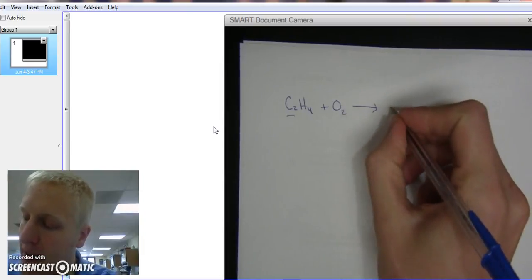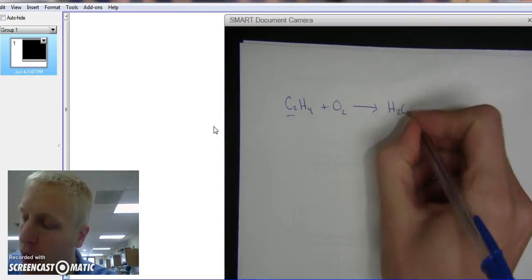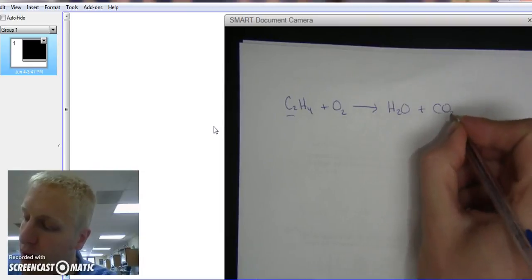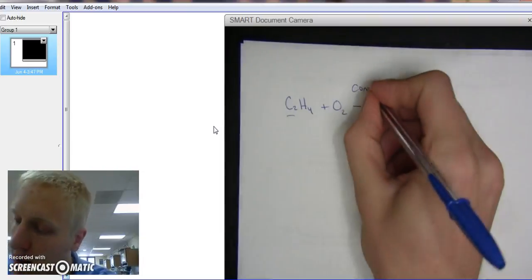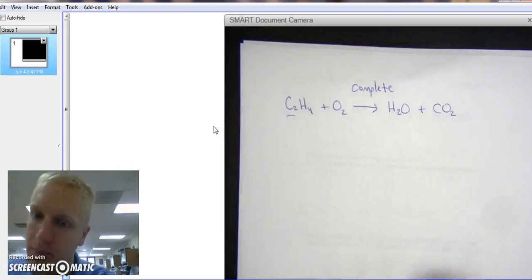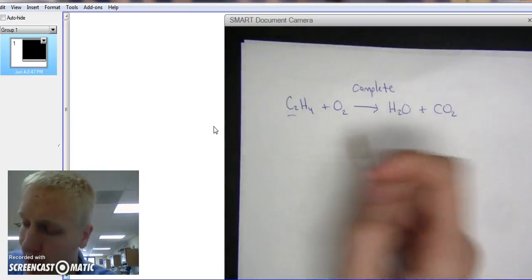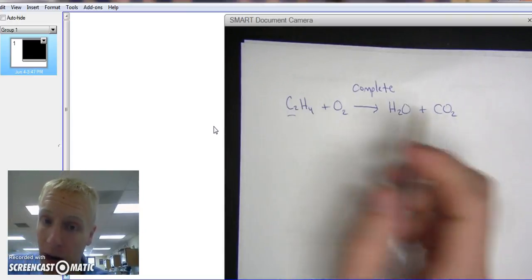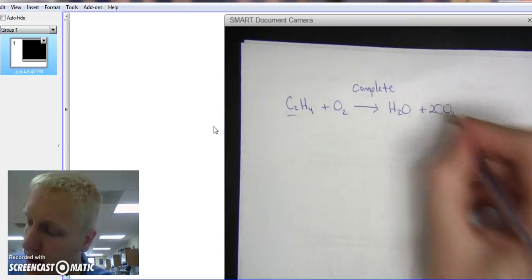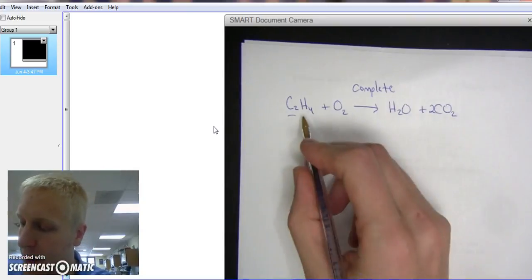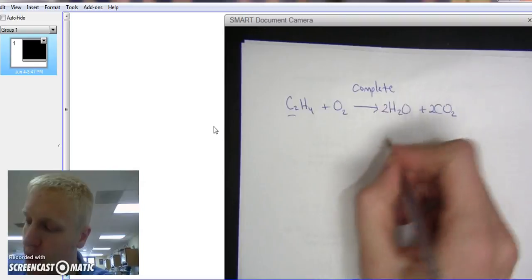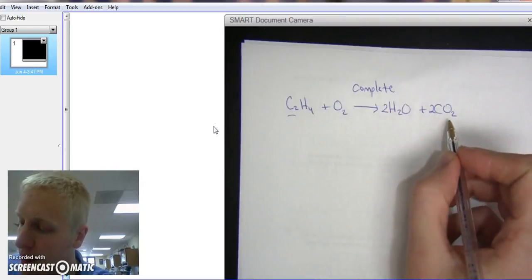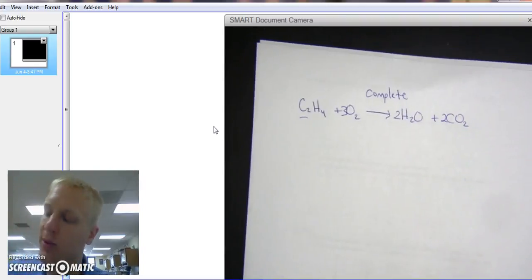I'm going to react it, and it forms always water plus CO2 if this is complete combustion. So then really it just becomes a balancing problem. Two carbons, 4 hydrogens, 2 times 2 is 4, that gives me 2, 6, 3 times 2 is 6, and it's balanced.